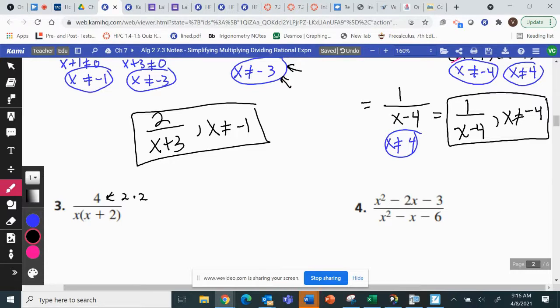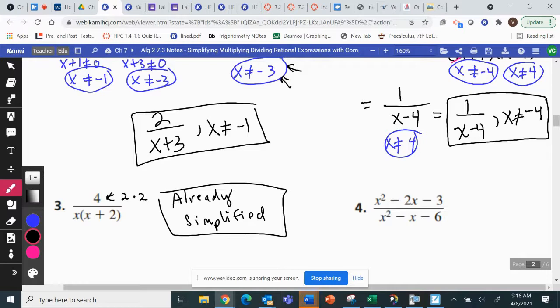Just a 2 by itself, not in a parenthesis with an x. There's not just a factor of 2. So it's factored, nothing cancels. This is already simplified. There's nothing I can do. Move on.